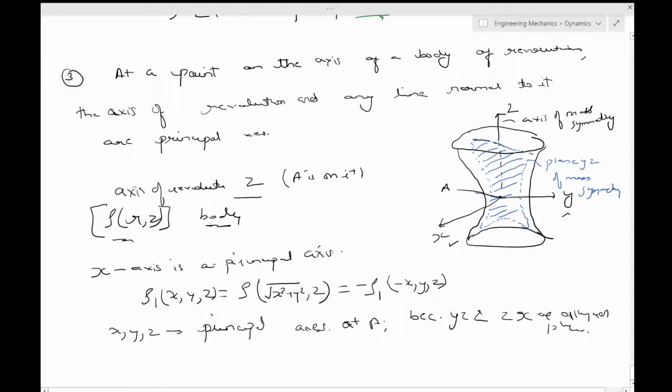So we have seen why it is the case, and you can see how each of these points actually uses this idea of mass symmetry, either in a direction or about a plane.